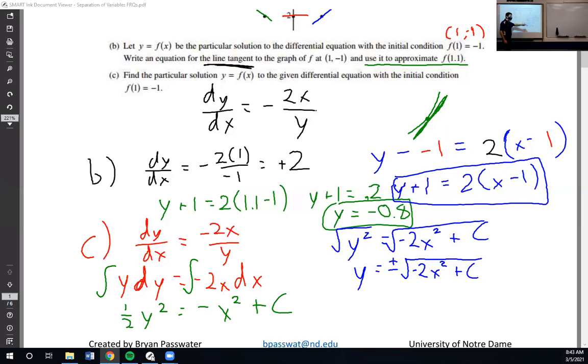And now that y is by itself, we can plug in our point. What was our point? Our point was that if I plug in 1, I should get out -1. So -1 should equal plus or minus the square root. -2. This is what should happen when I plug in 1 for x.